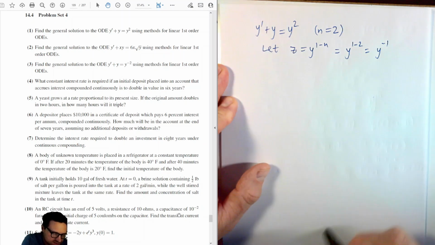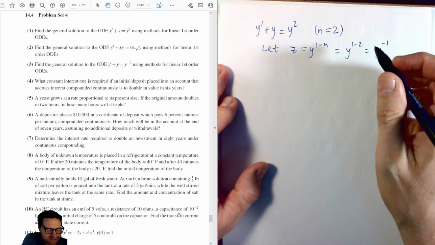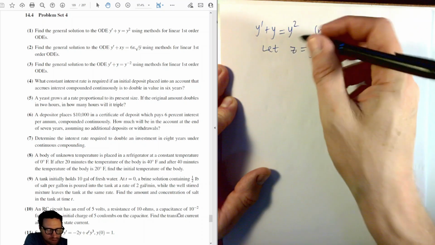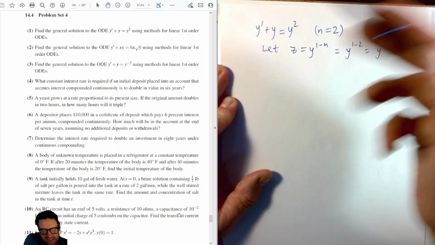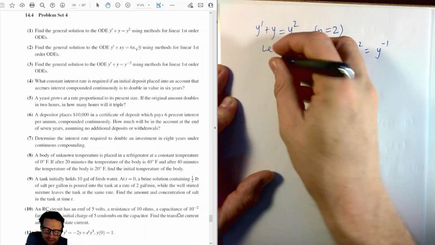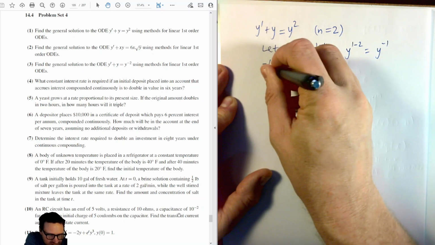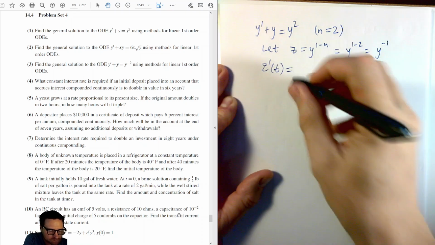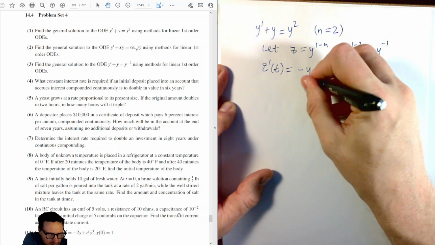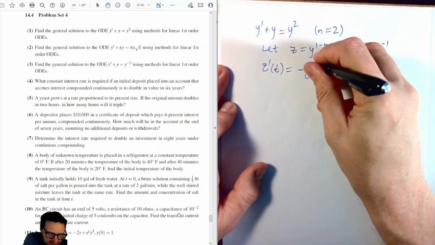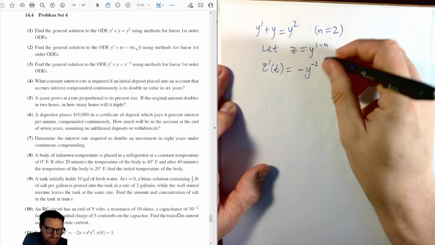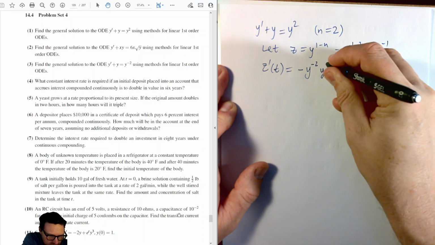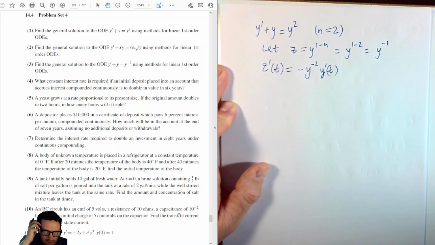Now let's differentiate z with respect to x using the chain rule. Or actually, let's say that this is a function of t, so we'll differentiate with respect to t. And so we'll get z'(t) is equal to minus y to the power of minus 2, and then multiplied by the derivative of y with respect to t, so we'll call this y'(t).